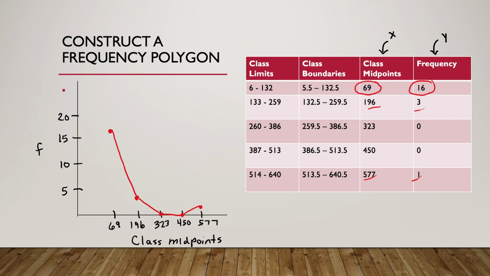And once you get your points connected, then the next thing that you want to do is pull both ends of the graph back down to the x-axis. And you want to do it at the place where the next tick mark would have occurred and where the previous tick mark would have occurred. For example, if I had one more tick mark after the 577, given my spacing, it would likely be right about here.